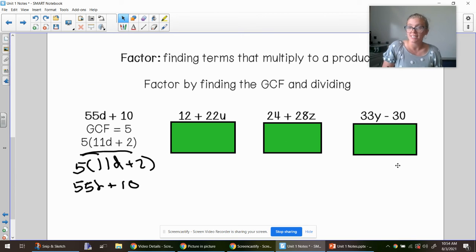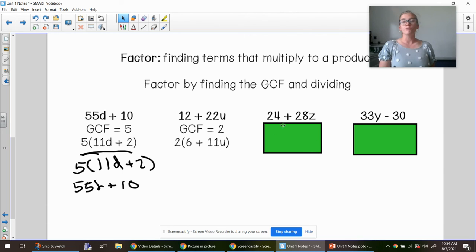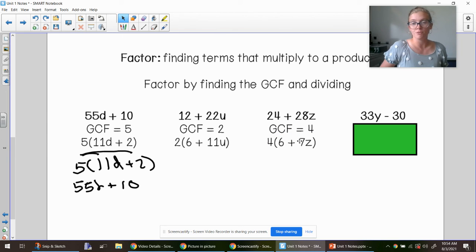Let's do this again with the next 3. 12 plus 22u, the greatest common factor between 12 and 22 is 2. 12 divided by 2 is 6. 22 divided by 2 is 11. So we have 2 times 6 plus 11u. 24 plus 28z, well, the greatest common factor between 24 and 28 is 4. 24 divided by 4 is 6. 28 divided by 4 is 7.